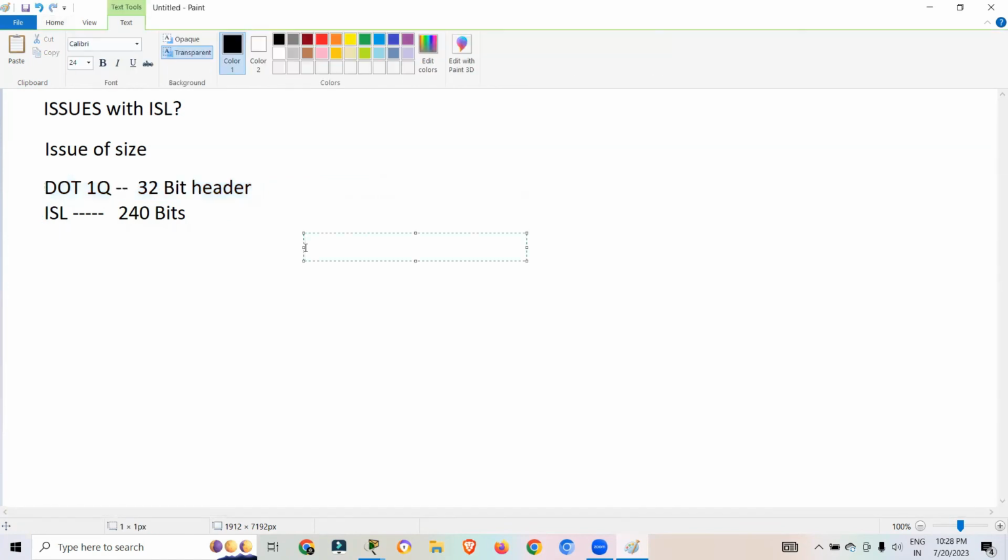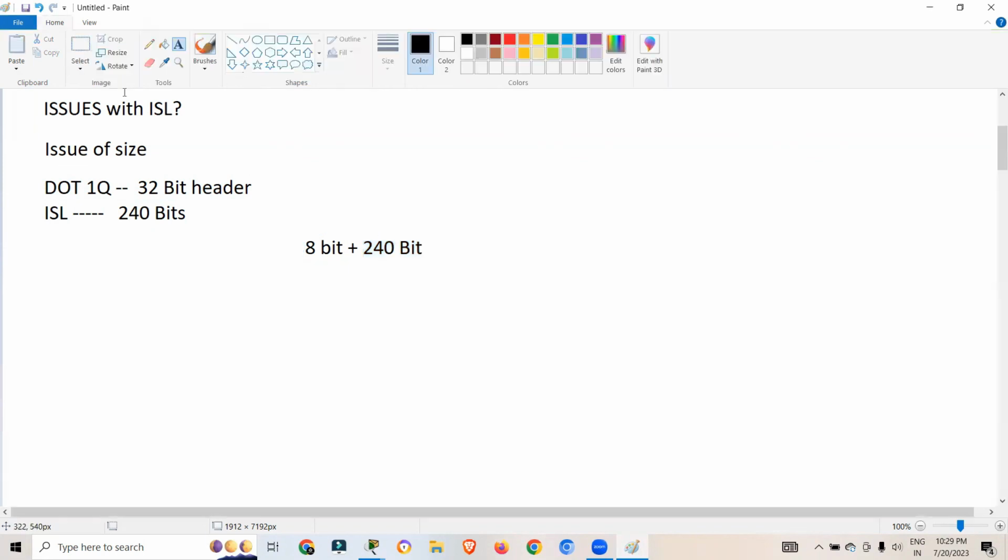Because if I want to send 8 bits of information with ISL, it will add 240 bits of information with it. That is really high in comparison to my data. Because of this issue, ISL is slower, so that is why by default we are using .1Q encapsulation.